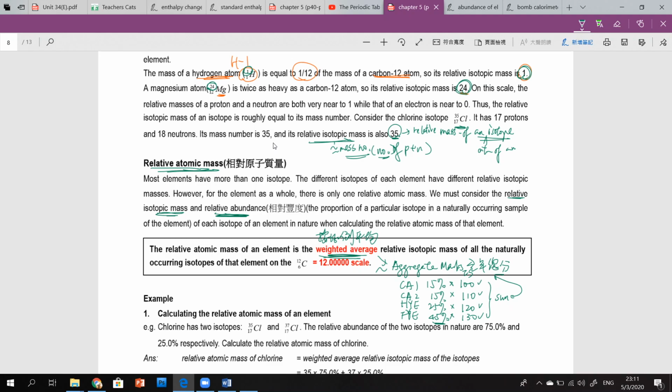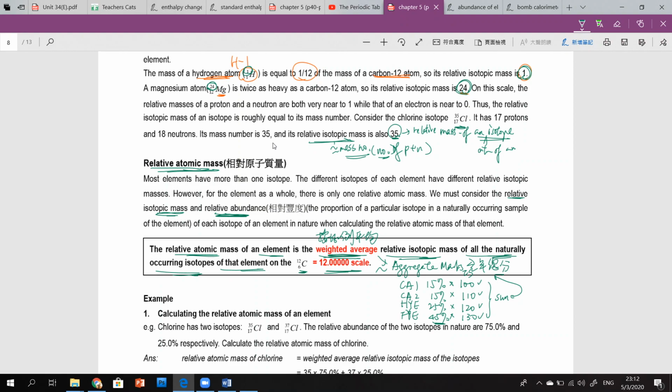So the relative atomic mass of an element is the weighted average relative isotopic mass of all the naturally occurring isotopes of the element on the carbon-12 scale. Remember the carbon-12 scale?